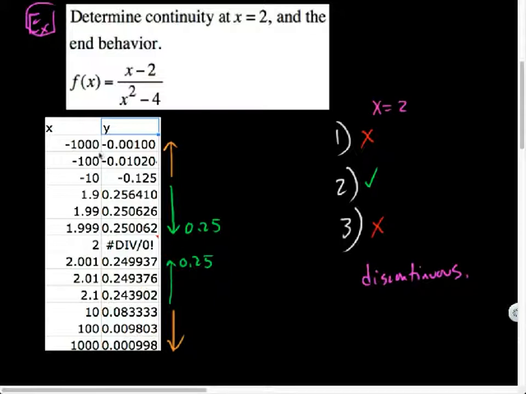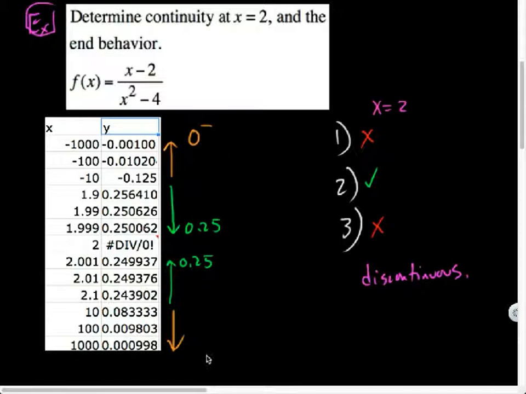So as x gets more and more negative, what does this appear to be approaching? It appears to be approaching 0, specifically from the negative side.